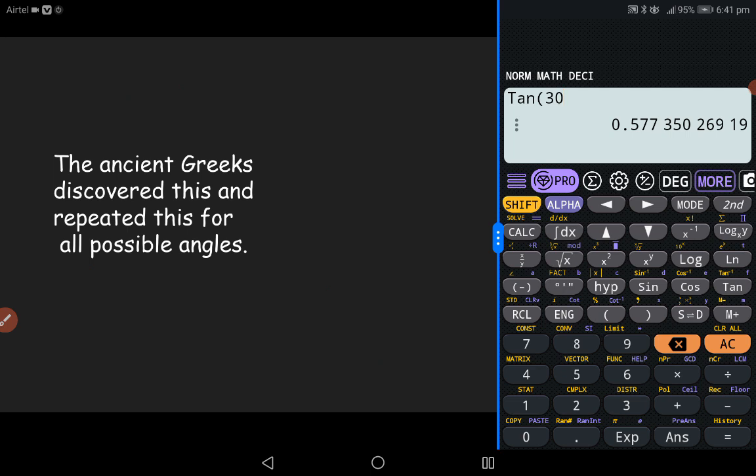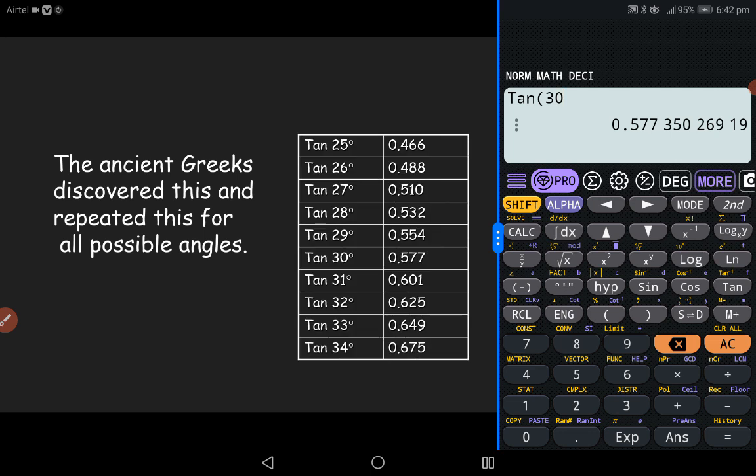In the past, before calculators came, the ancient Greek mathematicians discovered this trend and repeated it for all possible angles. So they got all possible angles as shown here.